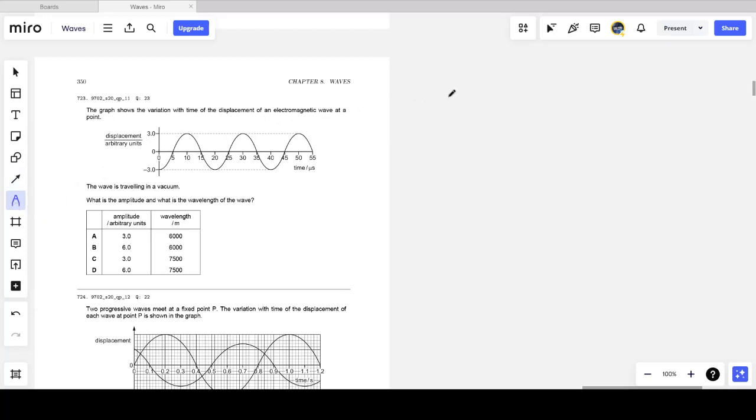So the displacement means I can find the amplitude, but I don't know the unit. The amplitude of the displacement will be 3 minus 0. So going from 3 to the horizontal axis, 3 minus 0 is simply 3, and it's arbitrary units. I'm just going to label it AU for arbitrary units because I'm too lazy to write down arbitrary units.